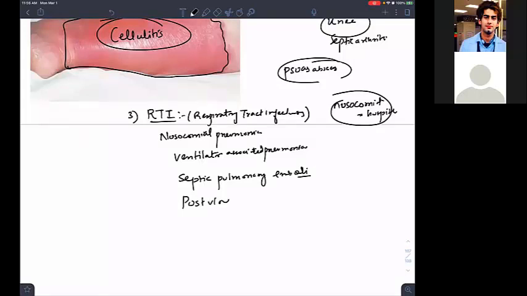After the viral infection, for example influenza, if I have a pneumonia, the most common cause is Staph aureus, or empyema, pus. These are all the respiratory tract infections.